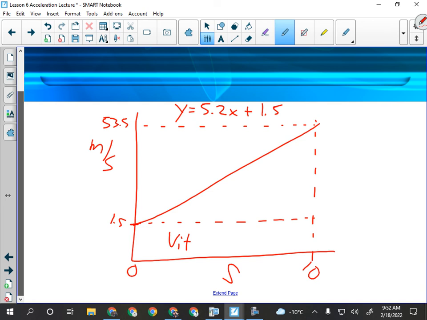When I calculate the area of this triangle, I'm going base times height divided by 2, which is actually a manipulation of this. So this formula calculates the area under the line.